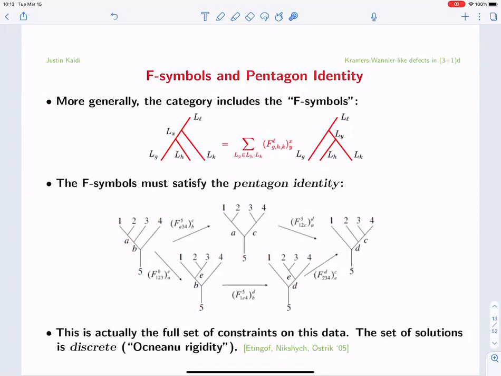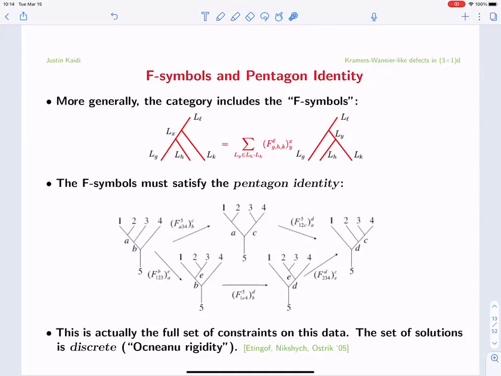They're in general more interesting constraints. So they satisfy other types of constraints, though. Like this pentagon identity is an example of a constraint that they have to satisfy. So, for example, I do not think that these things will be valued in group cohomology like the alphas were.